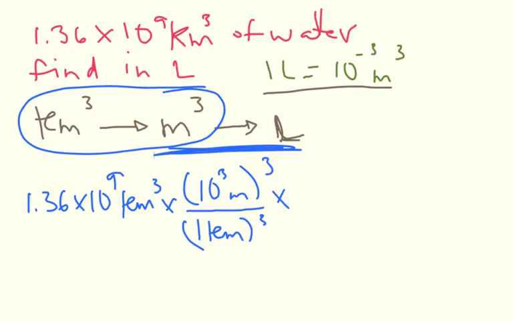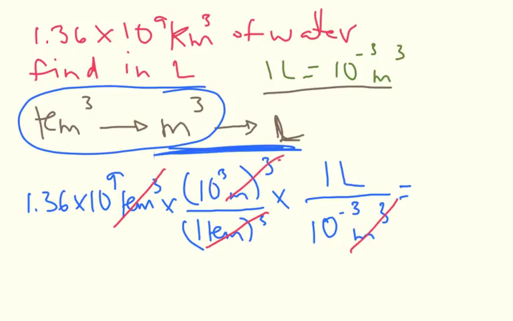And then you have your conversion factor that you can use. You know that 10 to the minus 3 meters cubed is equal to 1 liter. So you want to check and make sure that your units are going to cancel out. Yes, those units will cancel out. Meters cubed, those cancel out. You're left with liters. And so put this in your calculator.